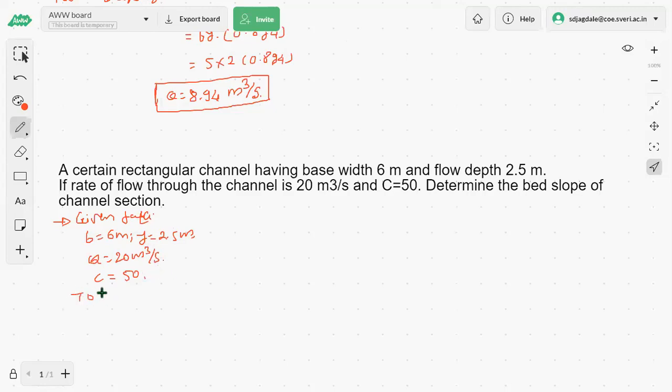And what they asked to calculate is the channel bed slope. Okay, this is what they have asked.